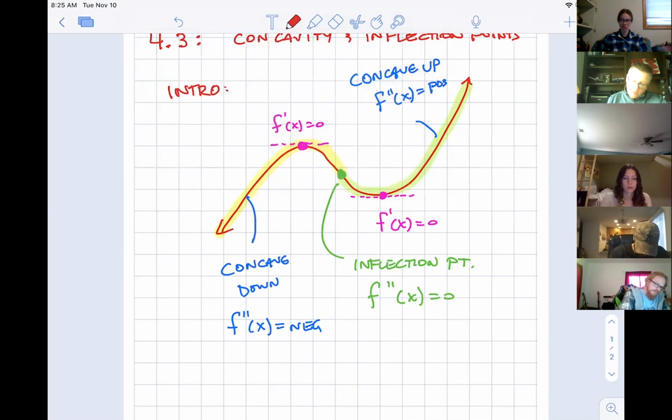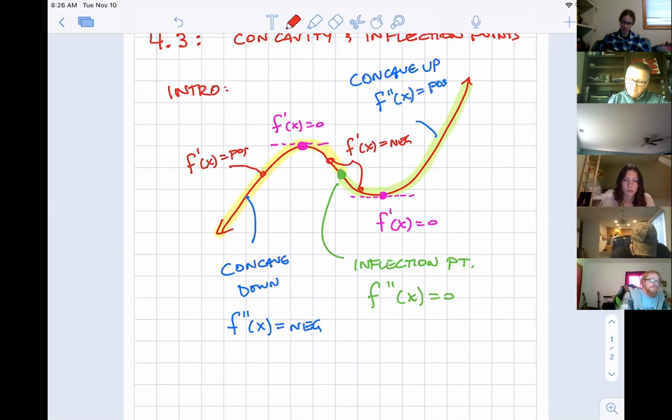But contrast that with this. Would you agree that in this section right here, the first derivative is positive, whereas all through here, the first derivative is negative because it's a negative slope.